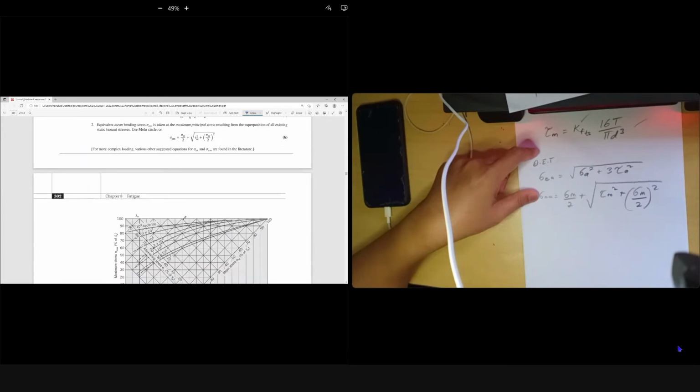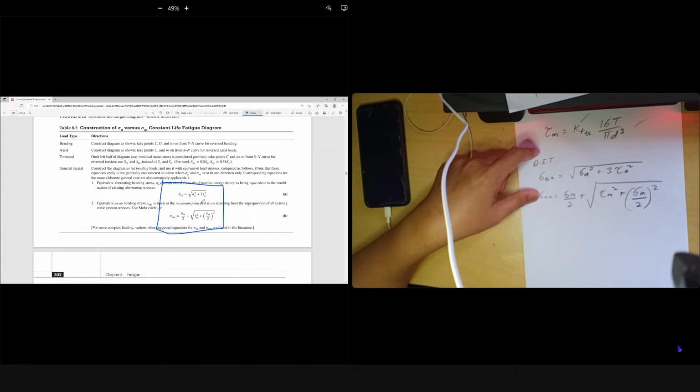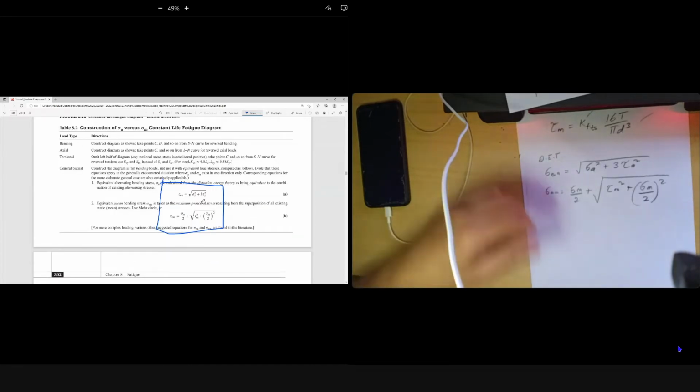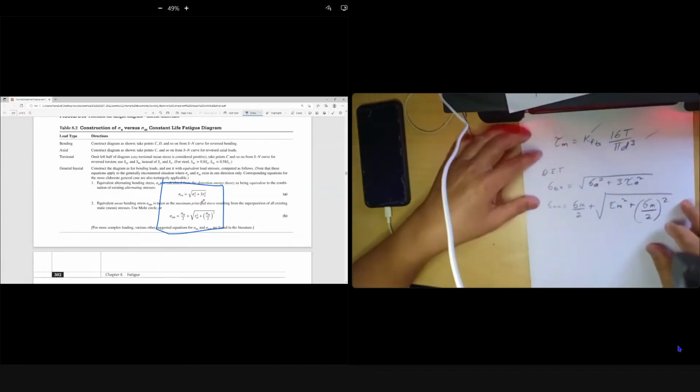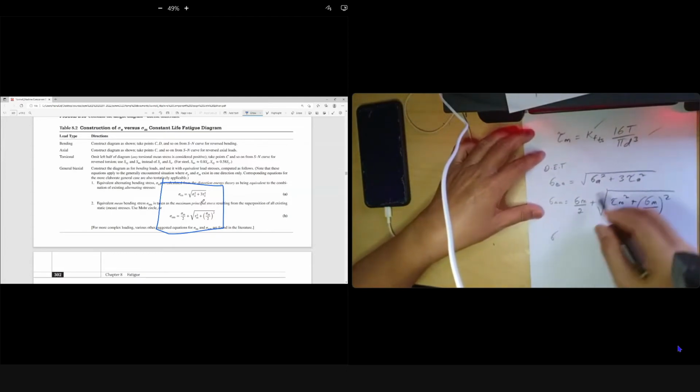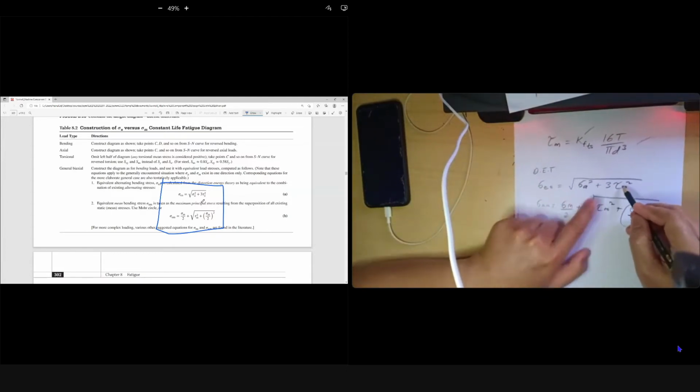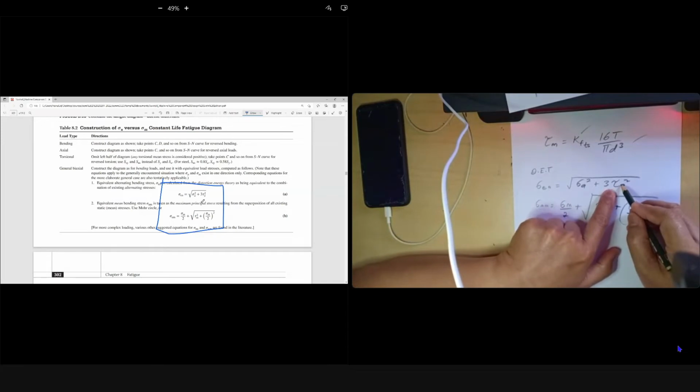Maybe page 25. Class, are you watching the textbook or not? Okay, for our case just now, for the shaft, sigma EA: do we have tau A?